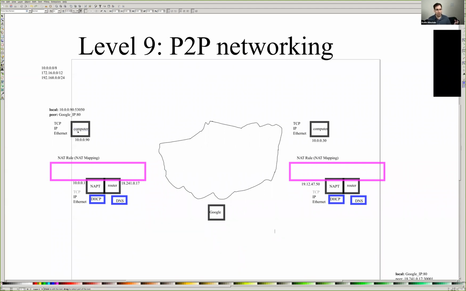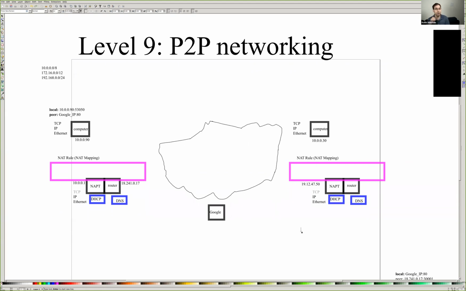But there's no real way for this computer to make a connection to this computer. It could send a packet to the router, but then how is the router going to know who it's supposed to be for? It's not going to know it's for this computer. It could be for some other computer. So just connecting to this NAT is like, well, I'm not interested in your Game of Thrones or Wikipedia. So that doesn't get us there.